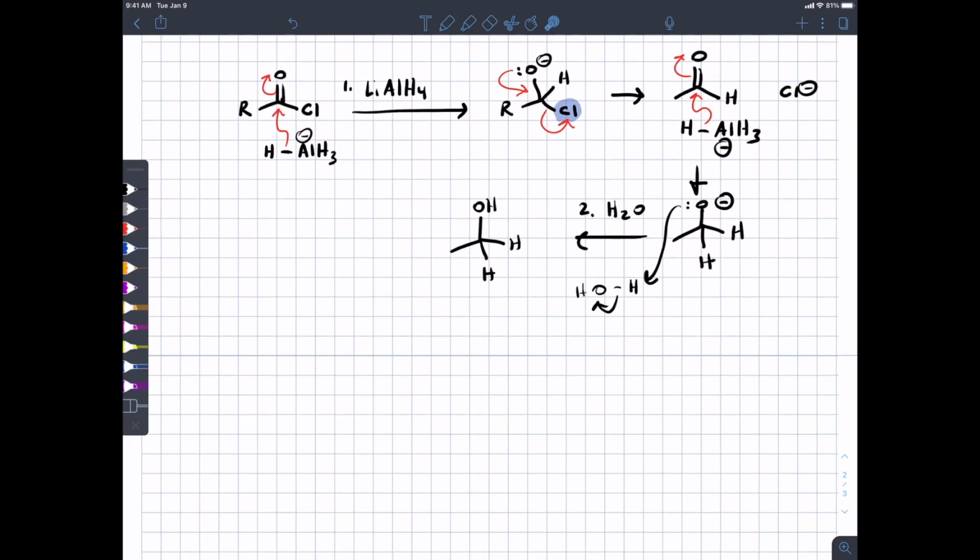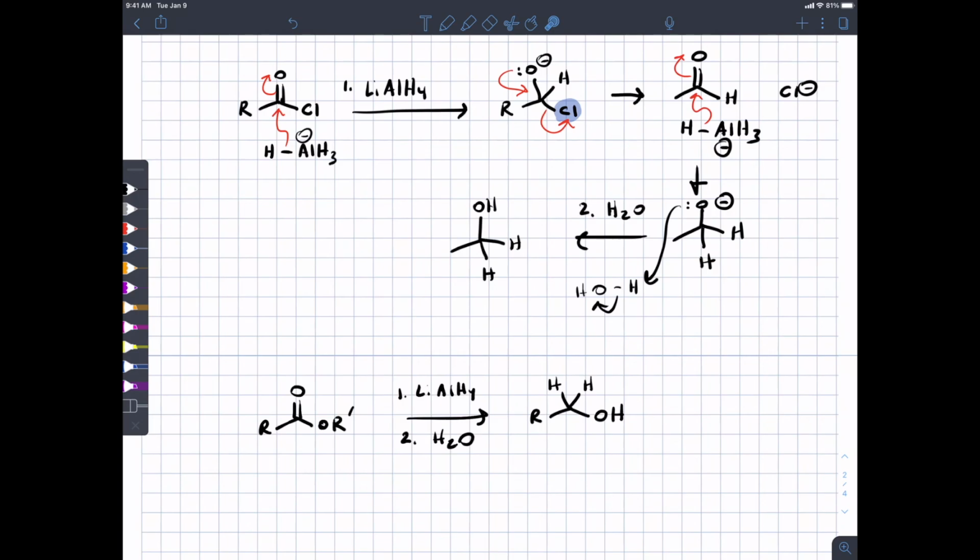This happens with esters as well. So the ester is like this, and via the same mechanism, if you use lithium aluminum hydride with the ester, you will reduce the ester to the alcohol, and these are the 2 hydrides that you delivered.